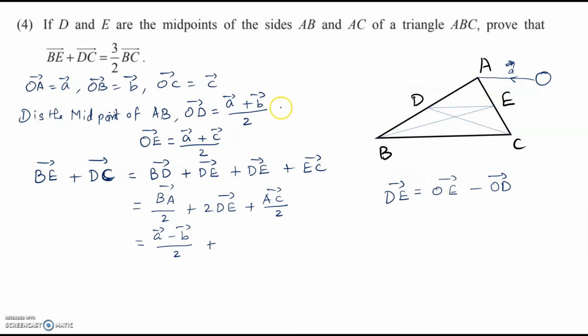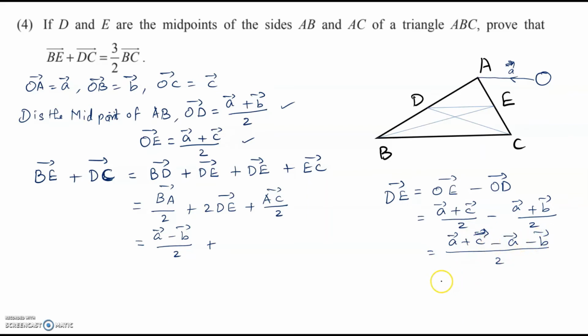So we have already seen here and here, and let's substitute those values here. So OE vector is vector A plus C vector divided by 2, and OD is A plus B divided by 2. So simplifying this, we can say vector A plus vector C minus vector A minus vector B, so that will be equal to vector C minus B divided by 2, as A and A will be cancelled.